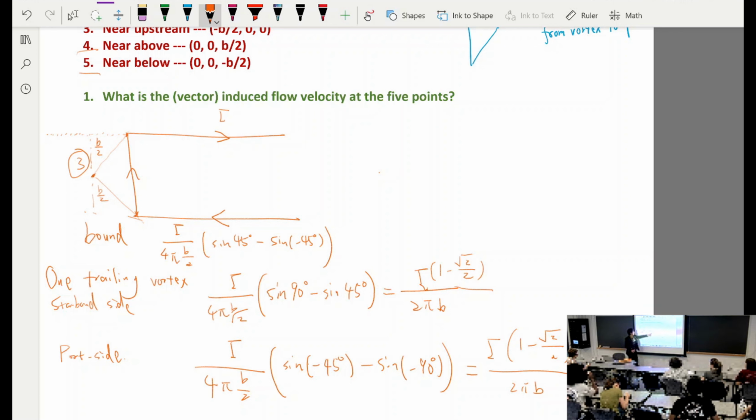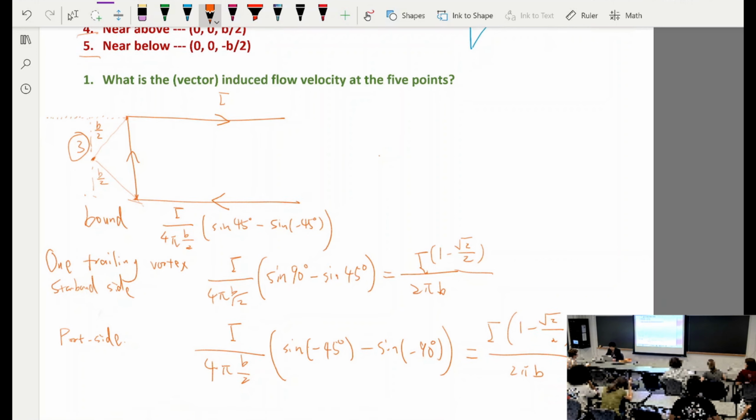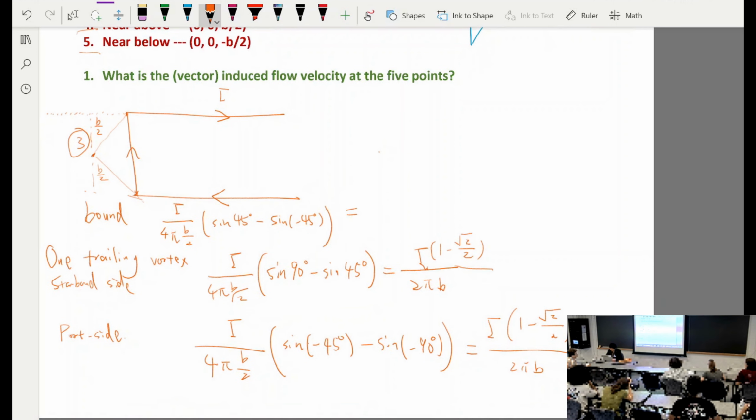How about the bound vortex? Is the induced flow from the bound vortex into the board or out of the board? Out of the board, right? And which one is larger? Let me just do this calculation. This is equal to Γ over 2πb times the square root of 2, right?